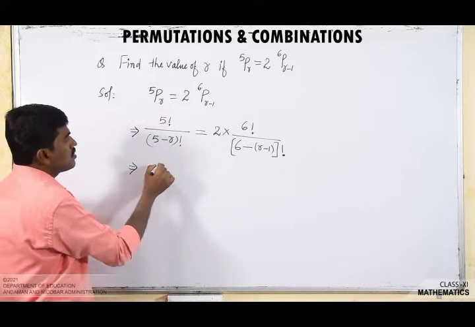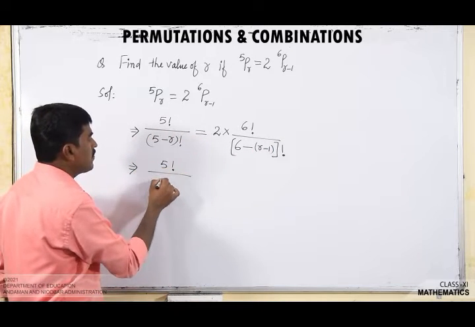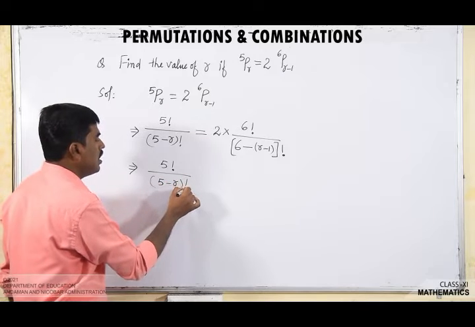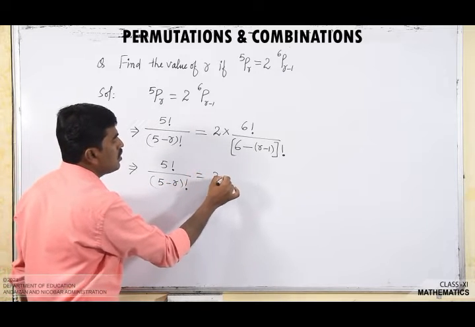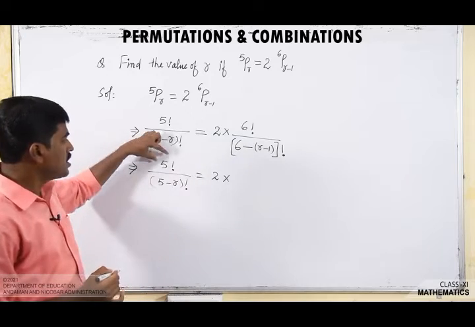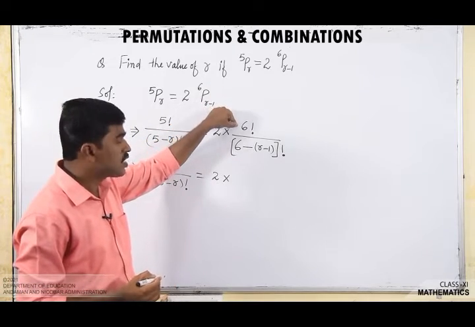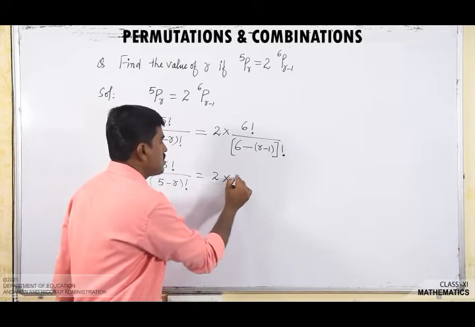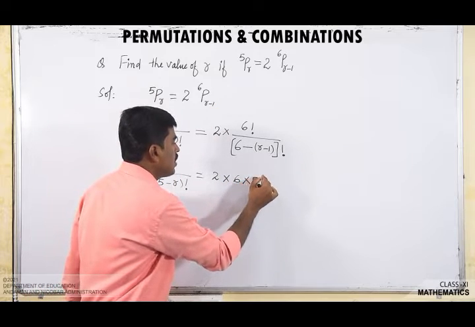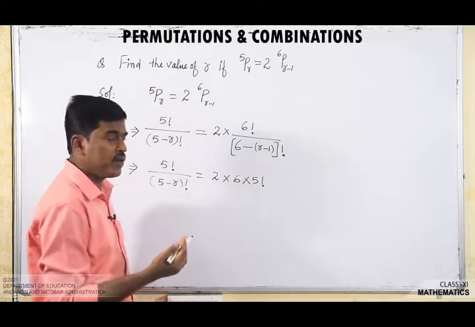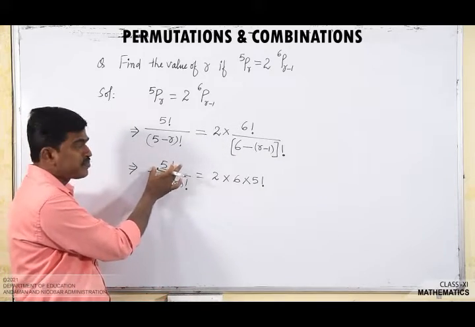Okay. Now this is 5 factorial divided by (5 minus r) whole factorial is equal to 2 into, now here you see it is 5 factorial and it is 6 factorial here. So we can expand this 6 factorial as 6 into 5 factorial. We can stop at 5 factorial as 5 factorial is here also.